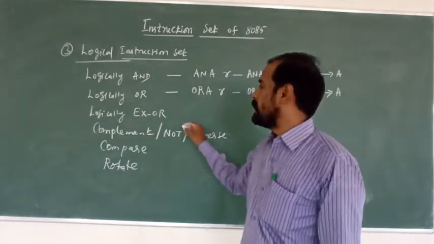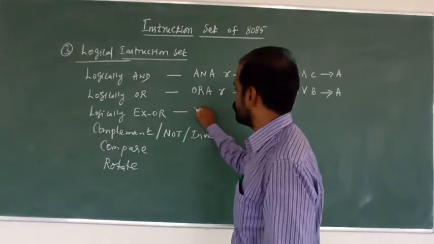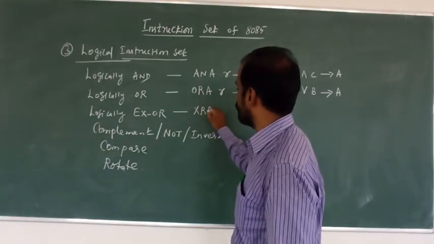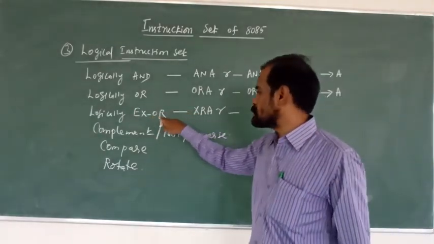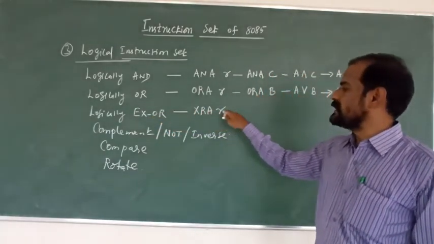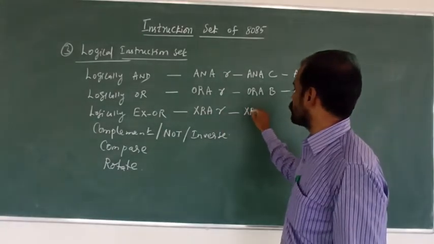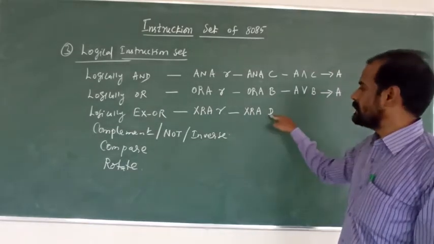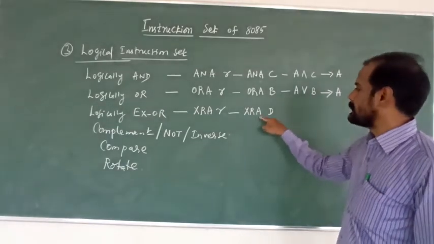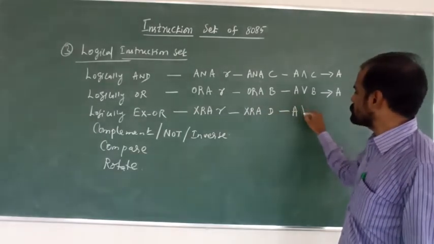And exclusive OR, we can use the XRA instruction. XRA means exclusive OR the accumulator with a given register content. Example: XRA D. Any register with the accumulator, A register data, exclusive OR symbol.